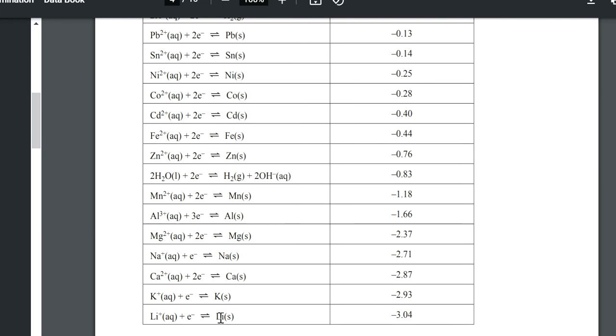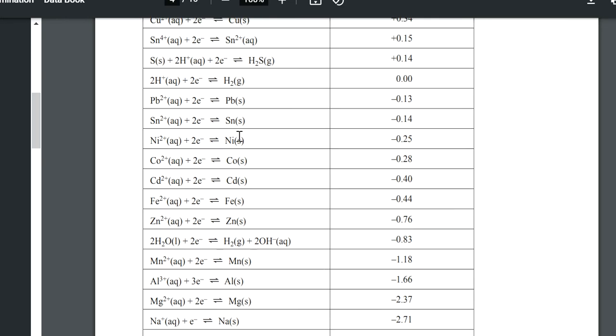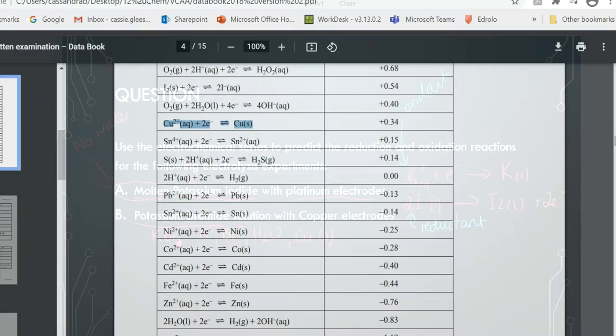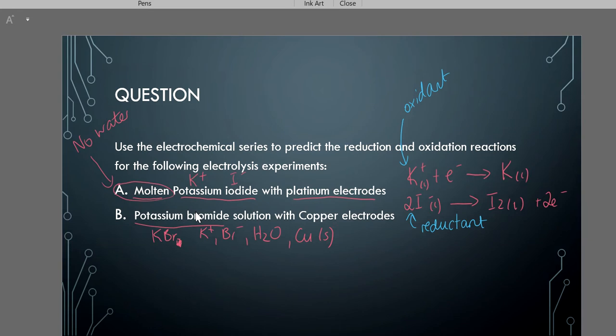Lowest reaction in the reverse direction. Let's go back up this way. We're looking for bromine, water, copper as our potentials. It looks like we've got copper here undergoing oxidation. So write that in here.